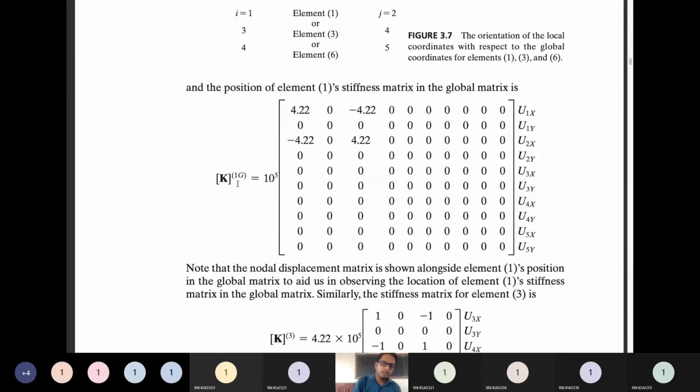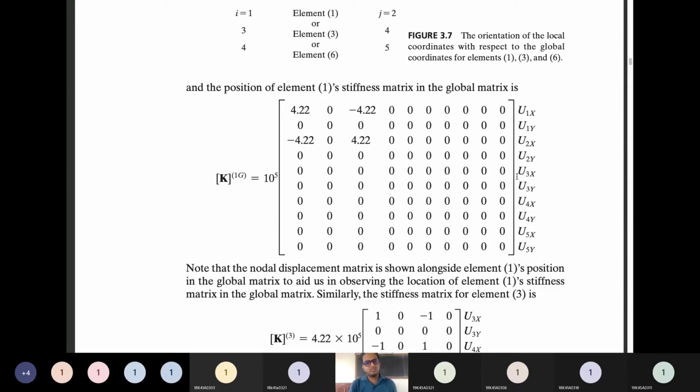And now here you can see the suffix written over here is 1 capital G. The meaning of this: K is representing the stiffness matrix, 1 is representing that this is the stiffness matrix for element number 1, and this capital G is representing that this is the global stiffness matrix.